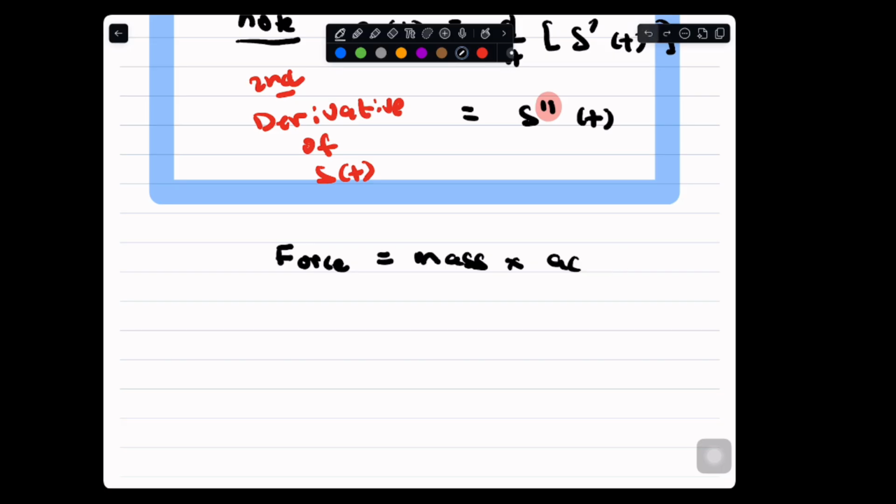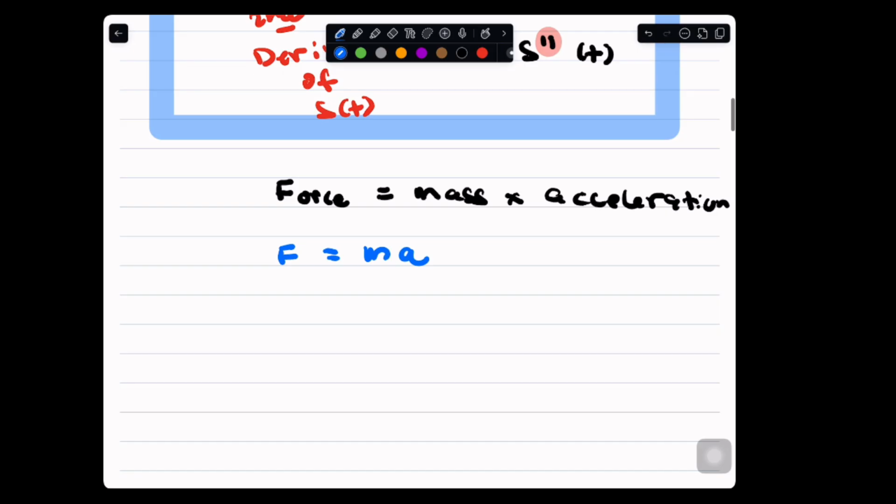The acceleration. So you know this as F equals ma. And your mass is constant, so the force is a function of the mass times acceleration.